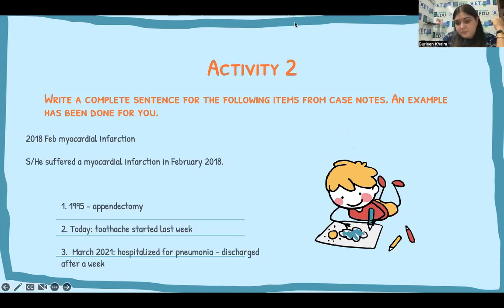She had appendectomy in 1995. Very good. The patient, what would be the right verb? Would it be undergone, undergo, underwent? What will be correct?